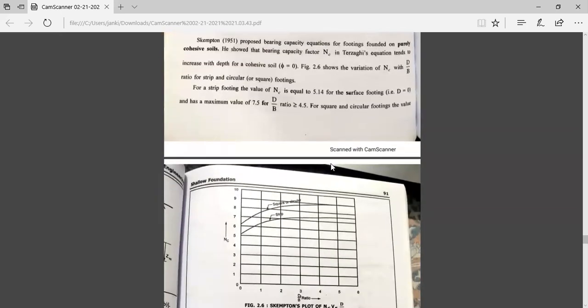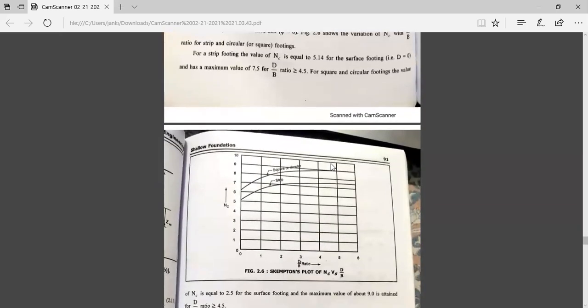So this figure shows the variation of Nc with the D by B ratio for strip footings and for circular or square footings, right? For the strip footing, the value of Nc is equal to 5.14 for the surface footing, when the depth D is equal to 0, as you can see in this figure.